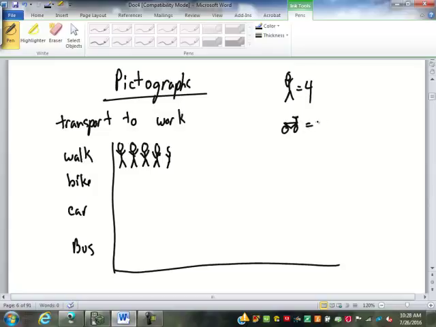Let's say one little bike equals 10 people. How many would you say that is? We know it's more than 20. 22, 23, somewhere in there, yeah. 2 1/4.